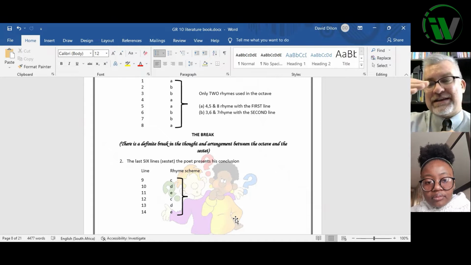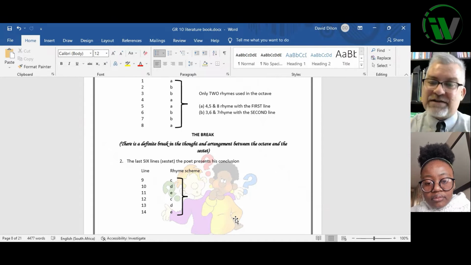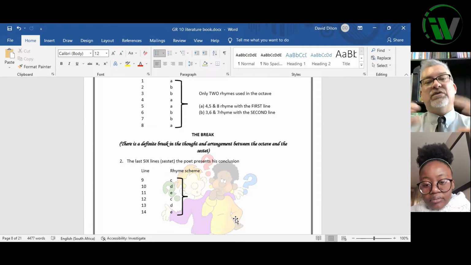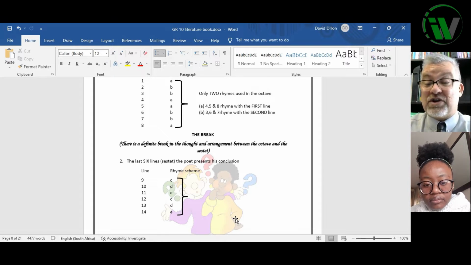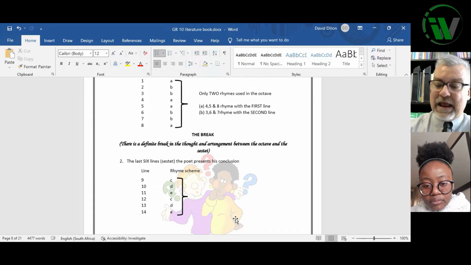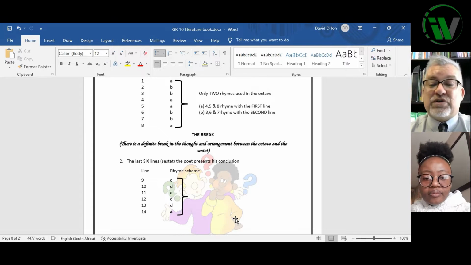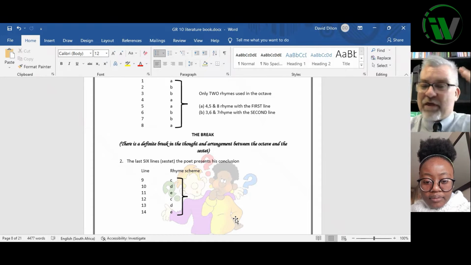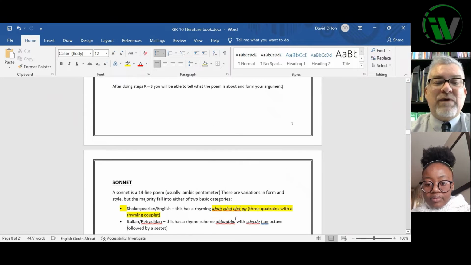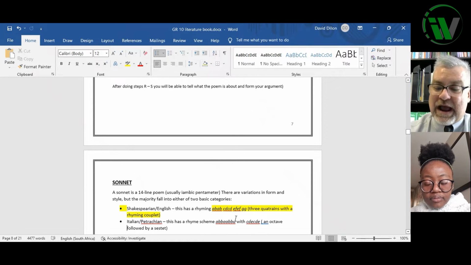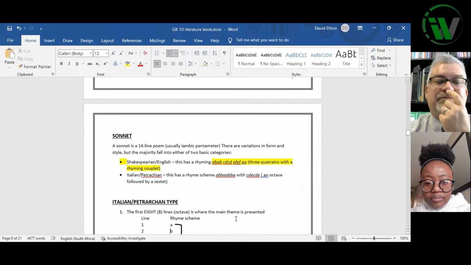It's kind of like when you're writing a story, or if you read a story, you'll see there's an idea and then there's an expansion on the idea. And that's how the Petrarchan sonnet is structured. Which, as I said, is different to Shakespeare's, where the story and the thought goes all the way from beginning to end.